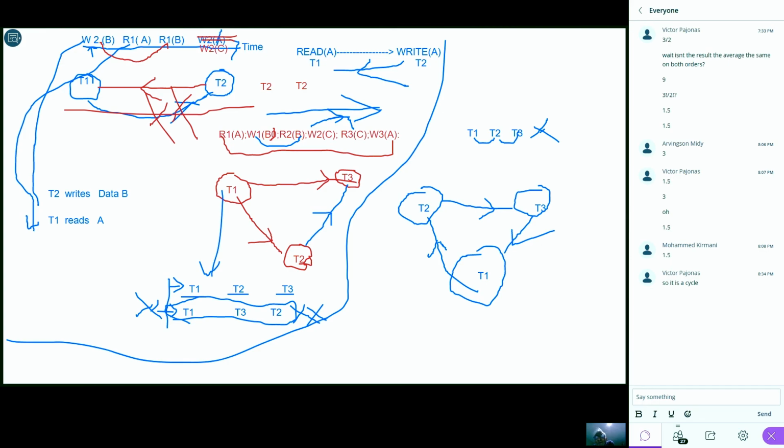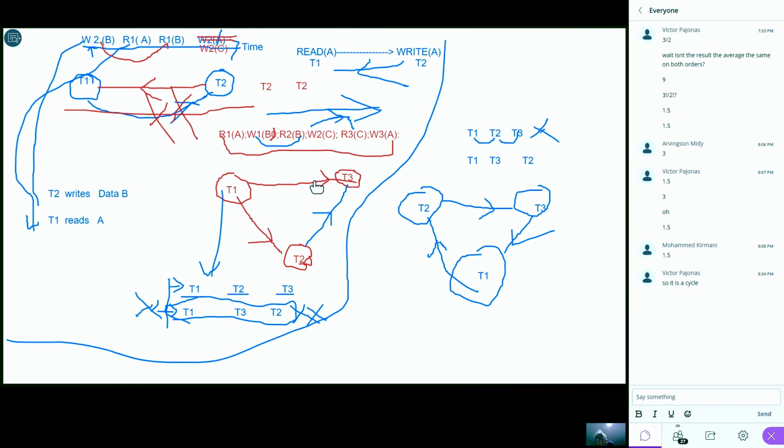Okay. So you know that there are 6 possible serial schedules, but none of them will work because of this cycle. The cycle tells you that you cannot satisfy this. It can only be satisfied in this case.